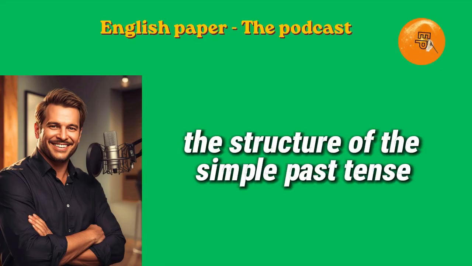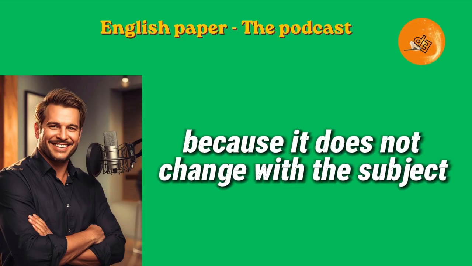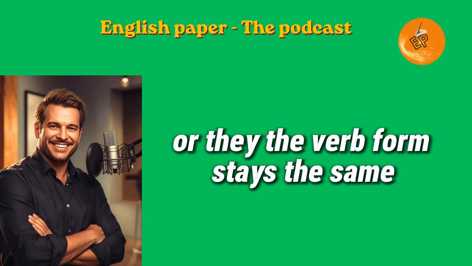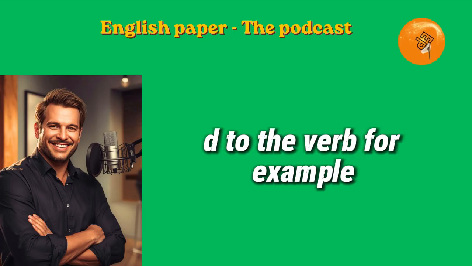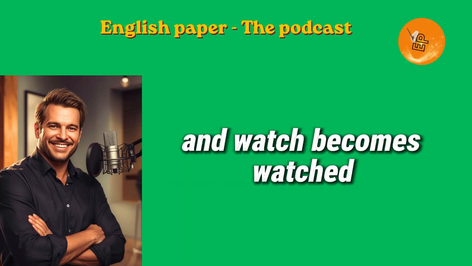The structure of the simple past tense is easier than the present tense because it does not change with the subject. No matter if you say I, you, he, she, or they, the verb form stays the same. For regular verbs, we usually add ed to the verb. For example, work becomes worked, play becomes played, and watch becomes watched.